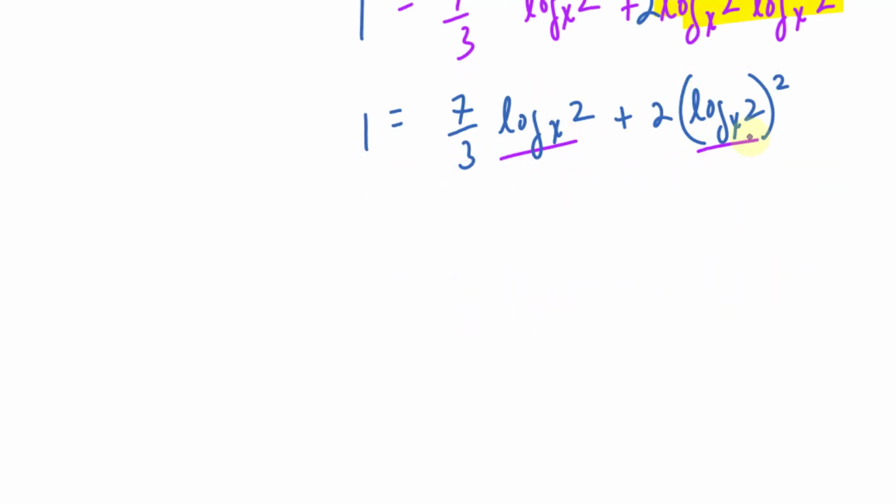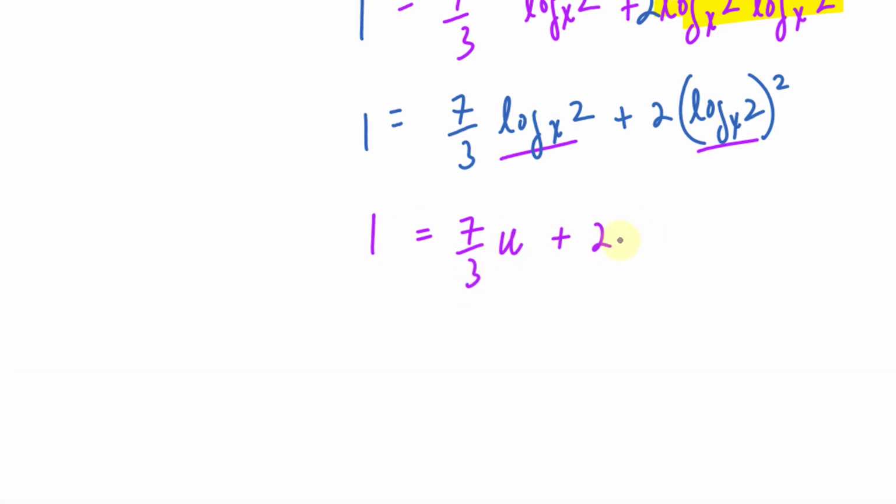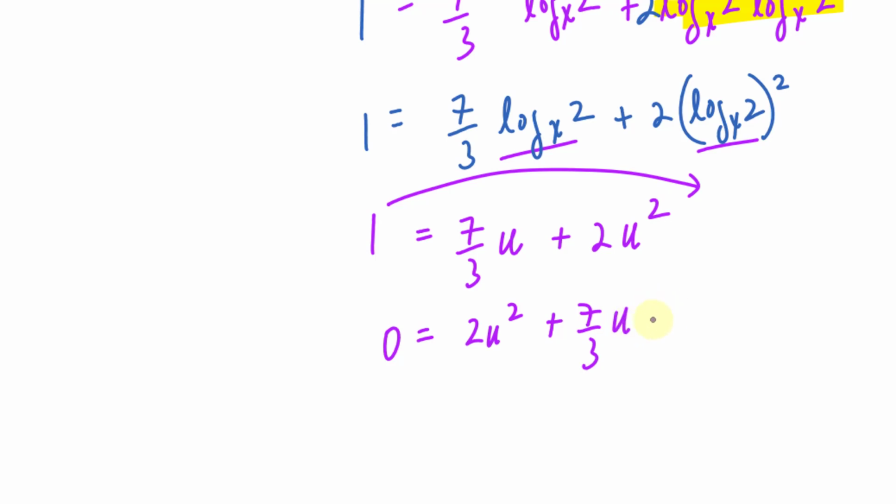This and this are identical, and so we can do a quick substitution here where I substitute this with the letter u, for instance. And watch what happens when we do that. We have 7 over 3 u plus 2 times u to the power of 2. And that is a quadratic. If I move this over, I end up with 0 is equal to 2u squared plus 7 over 3 u minus 1.